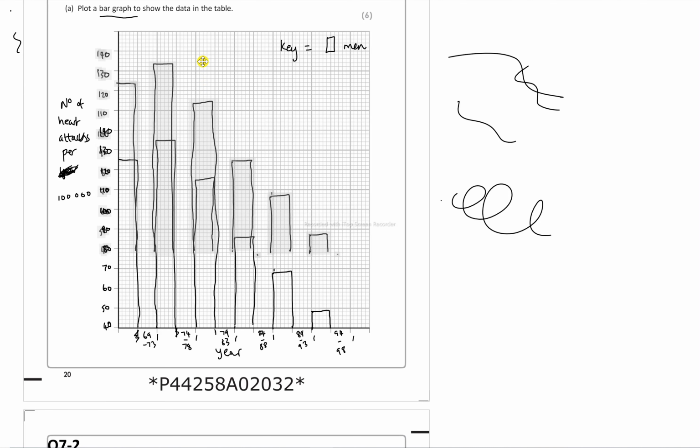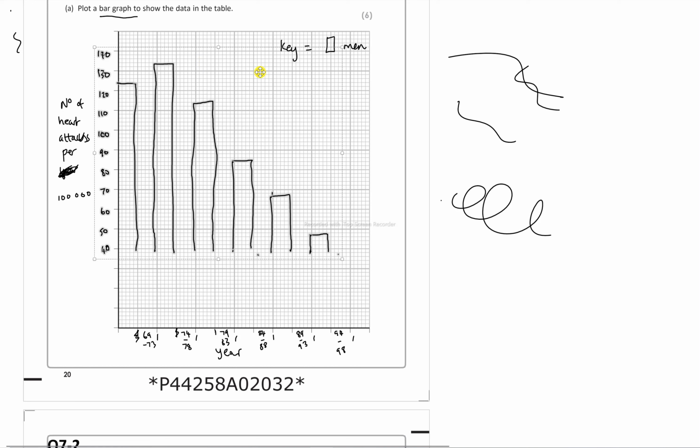Hey, technology. But you obviously won't be able to do that because you will not have a computer to mess about with. So let's draw it.